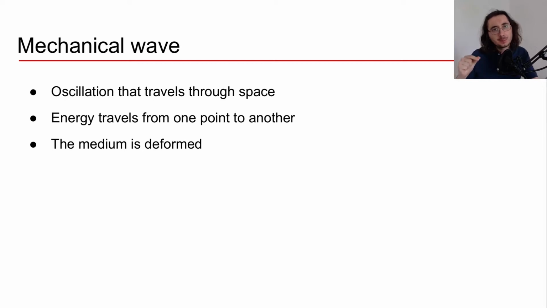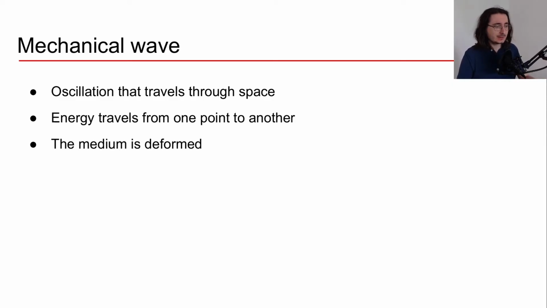The particularity of mechanical waves is that they need a medium through which the wave can expand and propagate. In the case of sound, most of the time this medium is just air, right? And when we have this sound wave or a mechanical wave, the medium gets deformed.